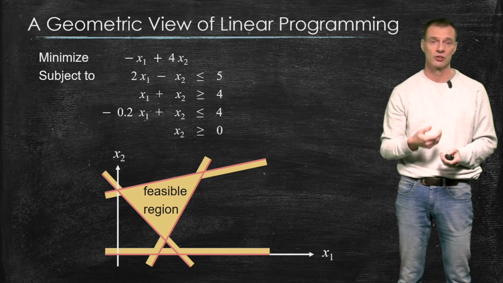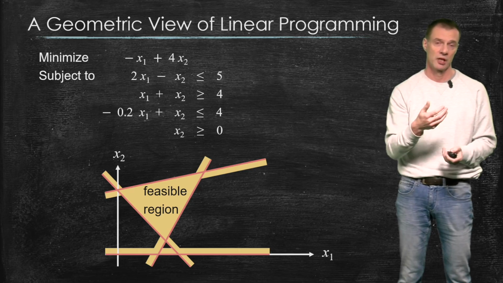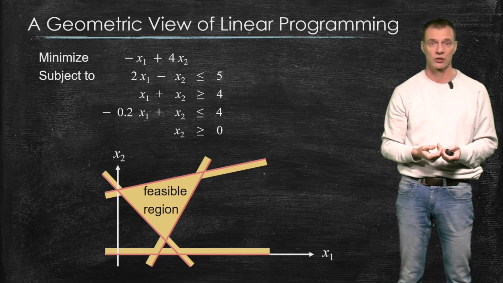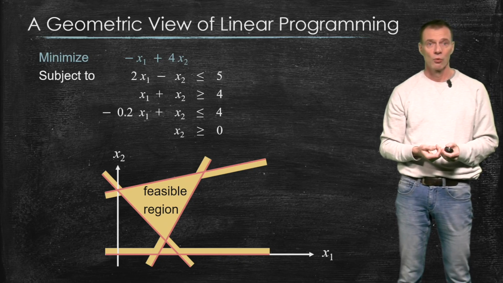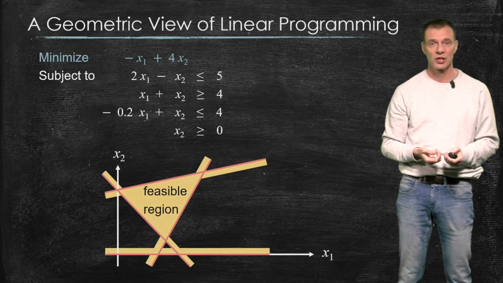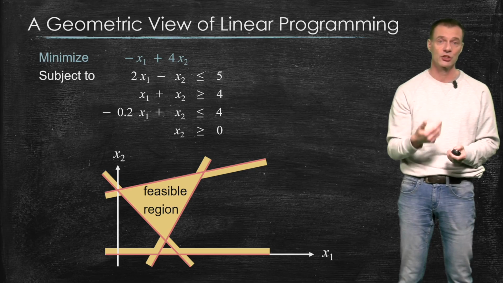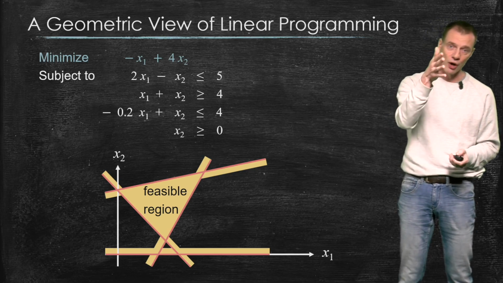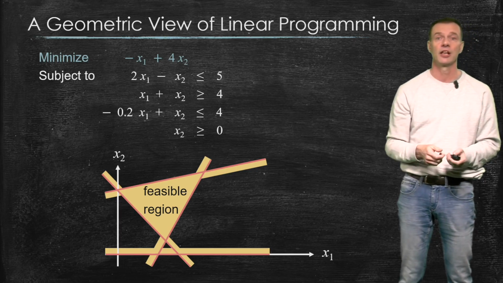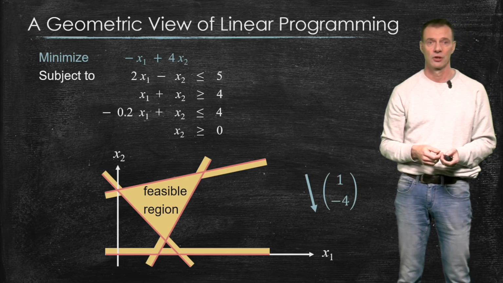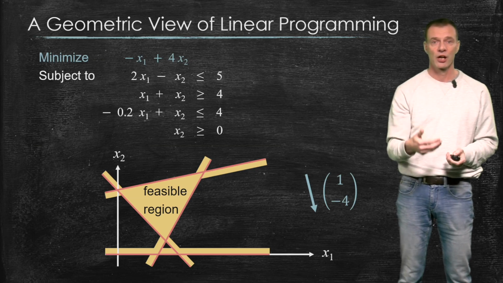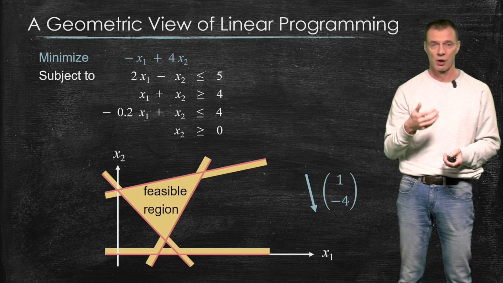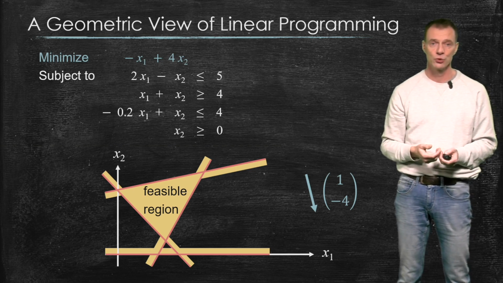Now let's look at the objective function, or if we want to minimize, let's say the cost function. Since we have a linear function, it means that the cost function says that we want to go as far as possible in a certain direction. As you can see here, what we wanted to minimize was minus x1 plus 4x2.